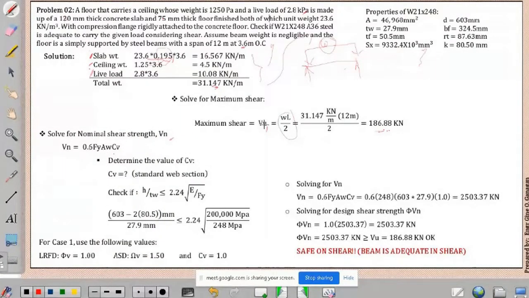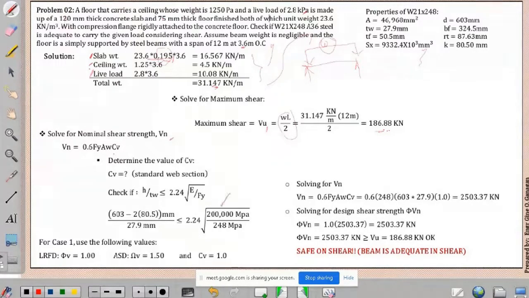So the same with number 1, start with the case 1. So tignan ninyo, pag yung width thickness ratio natin is pasok sa condition ng case 1. So solving for the width thickness ratio, ano yung value natin dito? This is smaller. So I think we have, paki-solve ito.